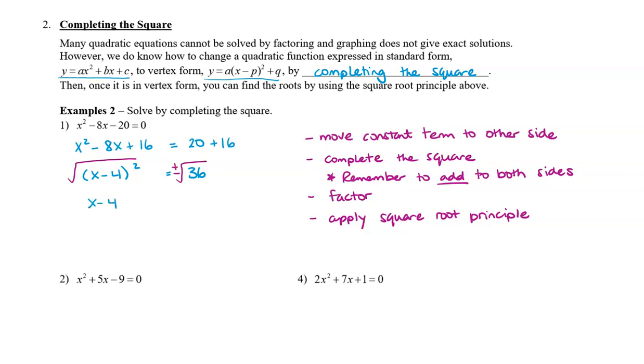So we have x minus 4 equals plus or minus 6. So x equals, add 4 to both sides, 4 plus or minus 6. So we get 4 minus 6, which is negative 2, and then 4 plus 6, which is 10. So negative 2 and 10 are my solutions. So we have used completing the square to get it into kind of like vertex form, so we have our binomial squared so that we can then use the square root principle to solve.